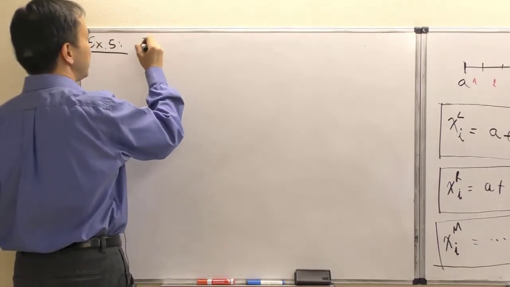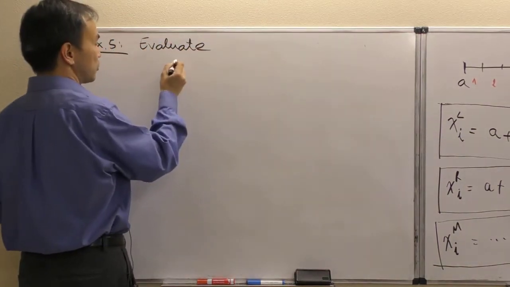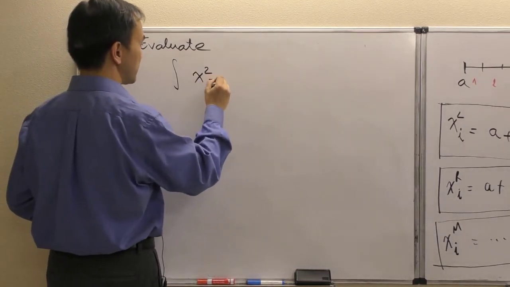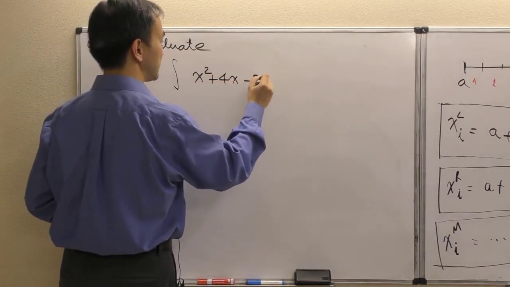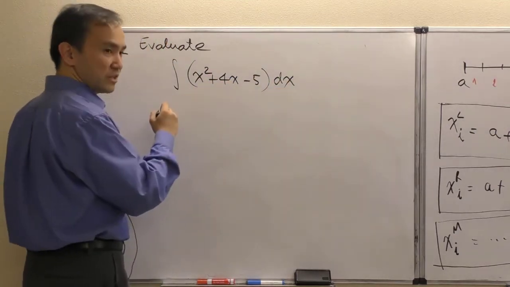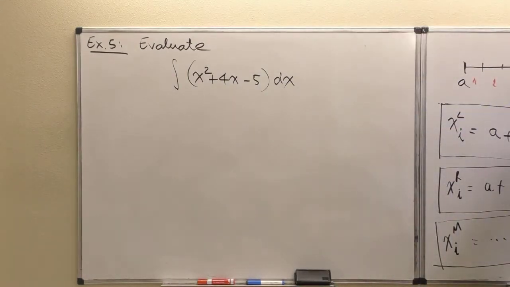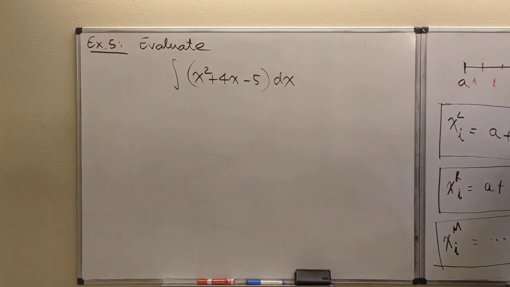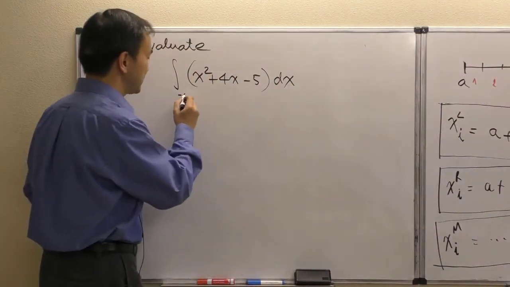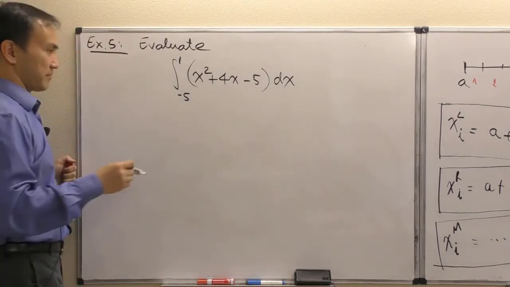So we want to evaluate the integral from minus 5 to 1 of x squared plus 4x minus 5 dx.